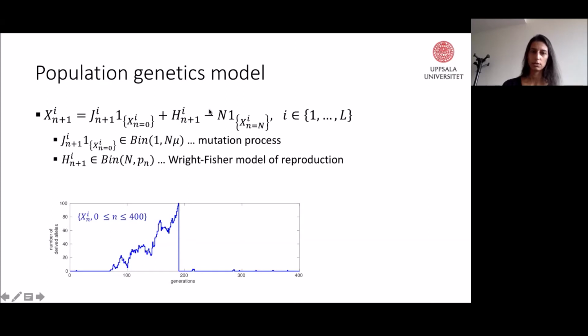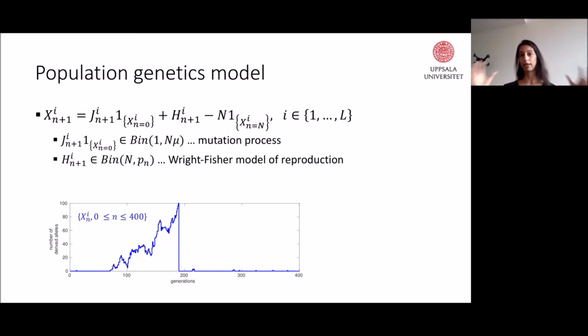Once it's fixed, we let it go down to 0 because we want it to be able to mutate further. And the 1 indicates that we put it down to 0 again. So this is how our Markov process looks at one site.